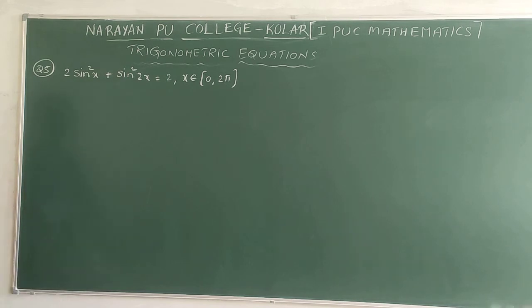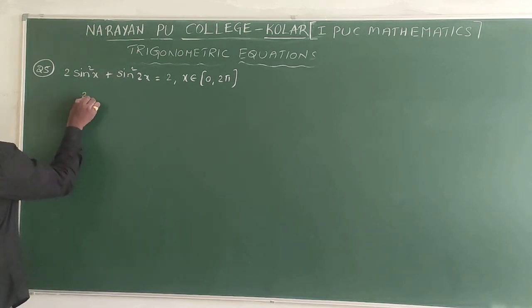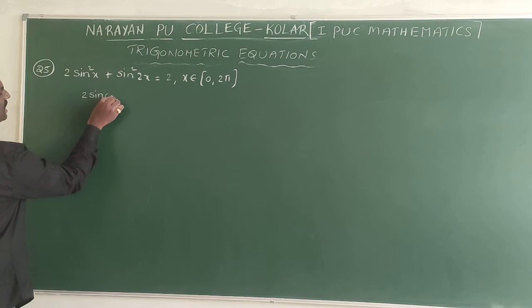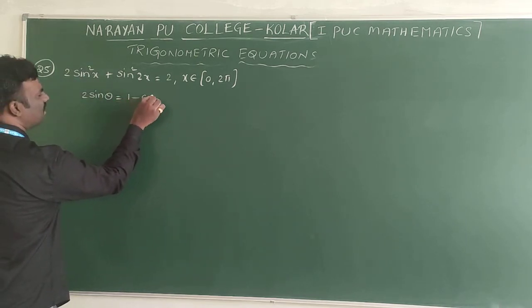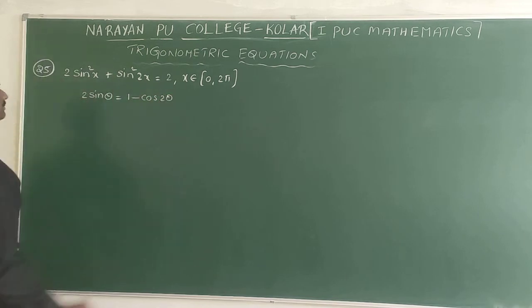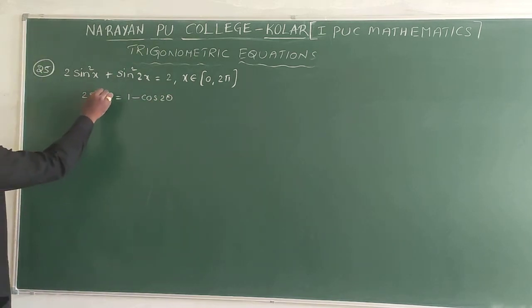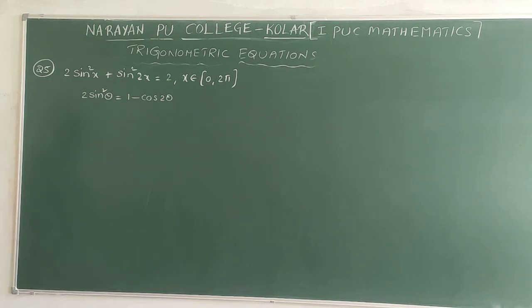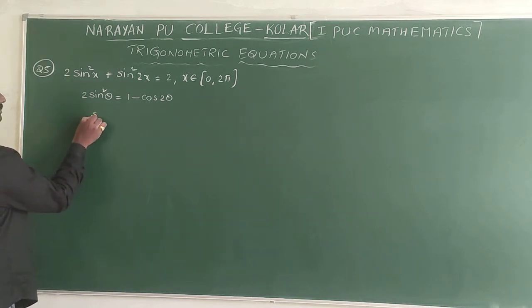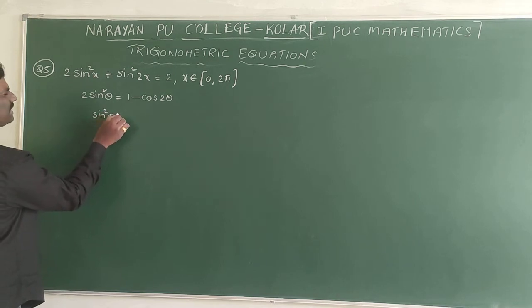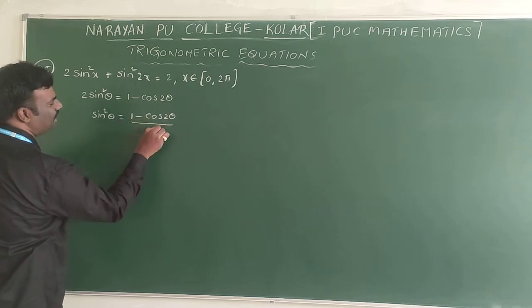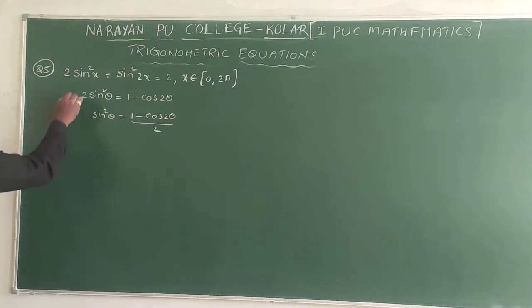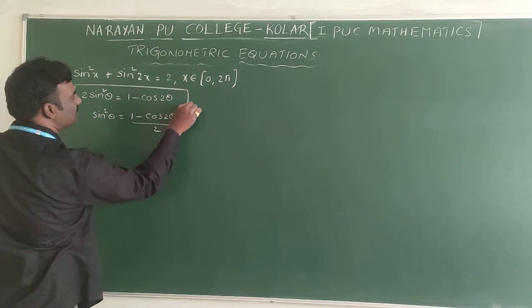Here I am using some trigonometric formulas. 2 sin square theta can be written as 1 minus cos 2 theta. From this we can write sin square theta is equal to 1 minus cos 2 theta by 2. I am using these two formulas.